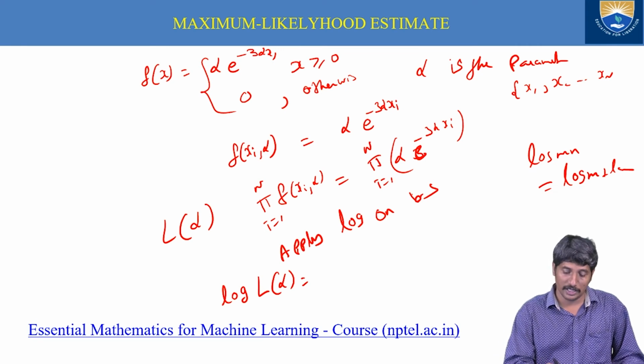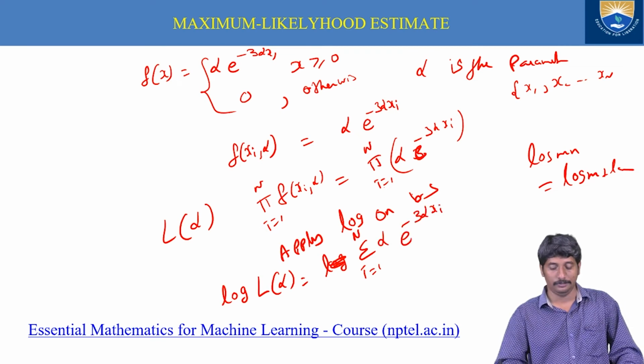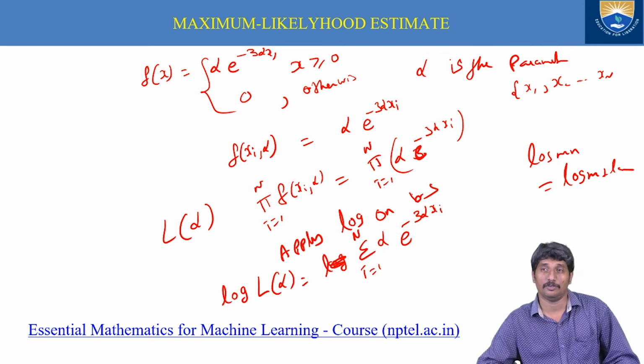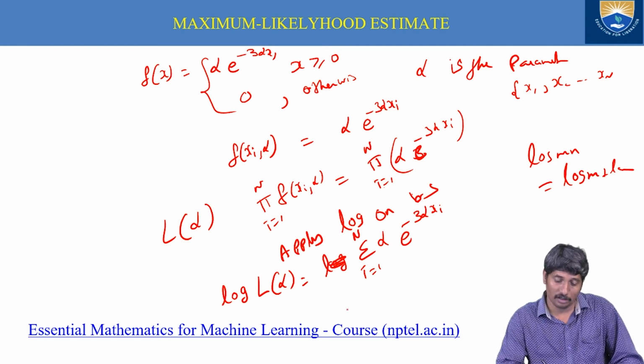By using that, the product becomes a summation: summation i equal to 1 to n of log of alpha into e power minus 3 alpha xi. Now you can take alpha out.